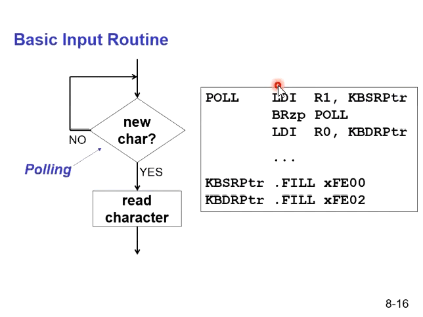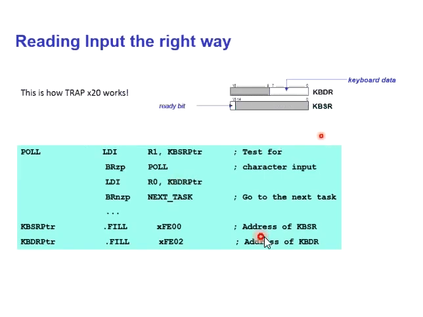If we want to read it out, we assign it to R0. I hope this section is clearer for you to understand. So this is how the polling works.